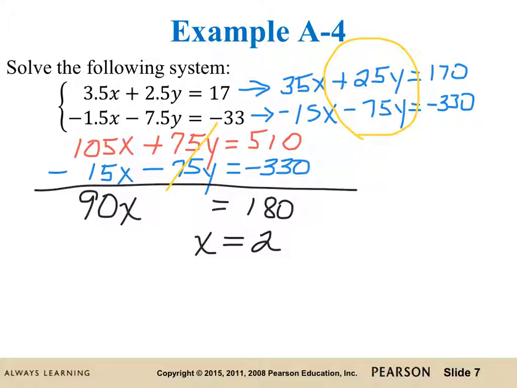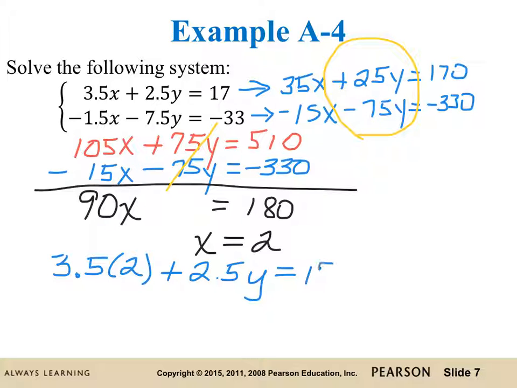And now that we have x is equal to 2, we will return to one of the original equations. I'm going to choose the first one. 3.5 times 2 plus 2.5 times y is equal to 17. 3.5 times 2 is 7 plus 2.5y is equal to 17.